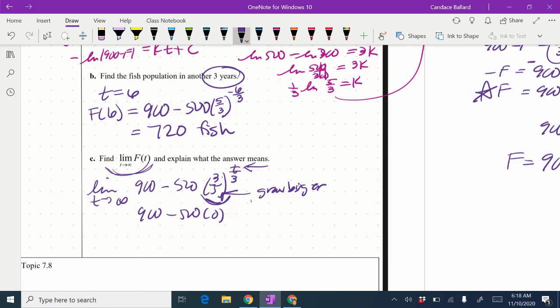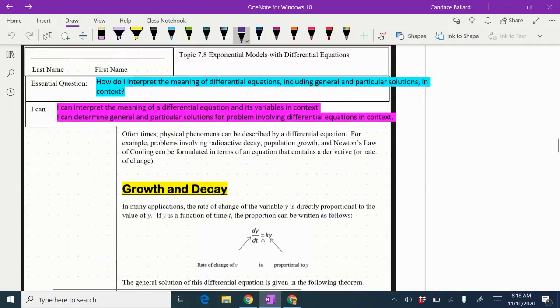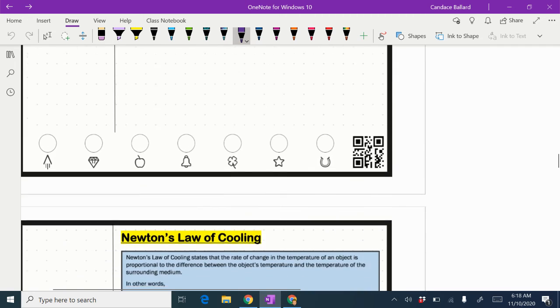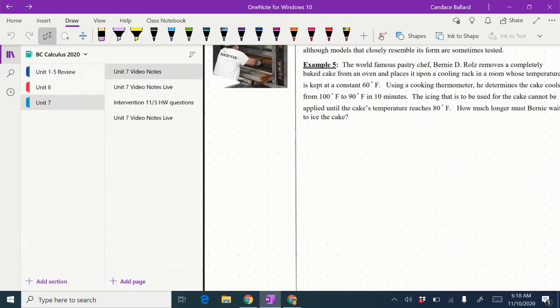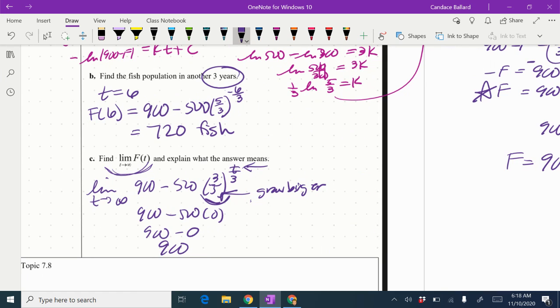So 500 times 0 would be 0. So 900 minus 0, oops, that is not what I wanted to do. I totally flipped notebooks, didn't I? There we go. So 900 minus 0 would be 900, would be the limit.